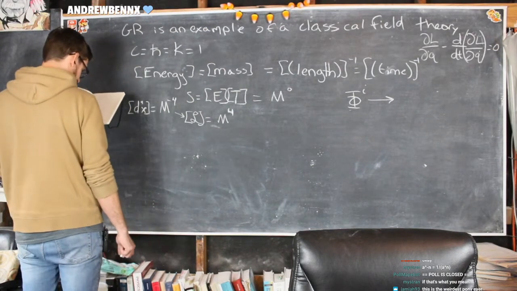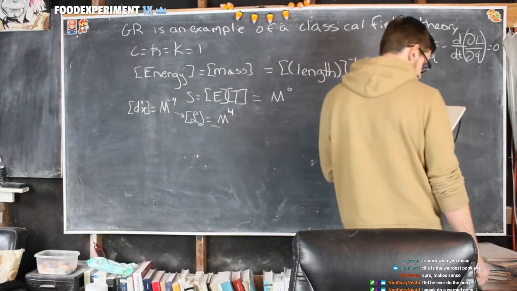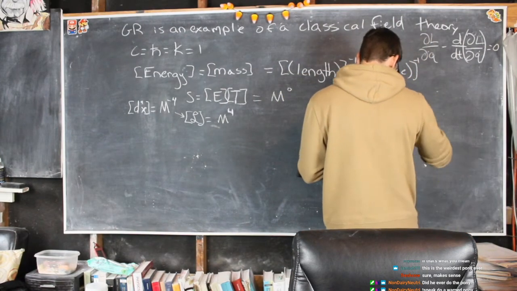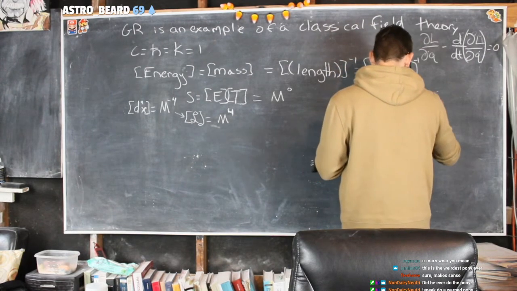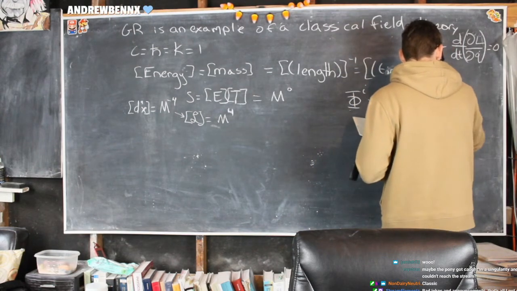So where are we at? Oh yeah, the calculus of variations is trying to figure out how things are going to change under small variations of the fields. So let's make a small variation to the field. We'll add some tiny variation to the field.